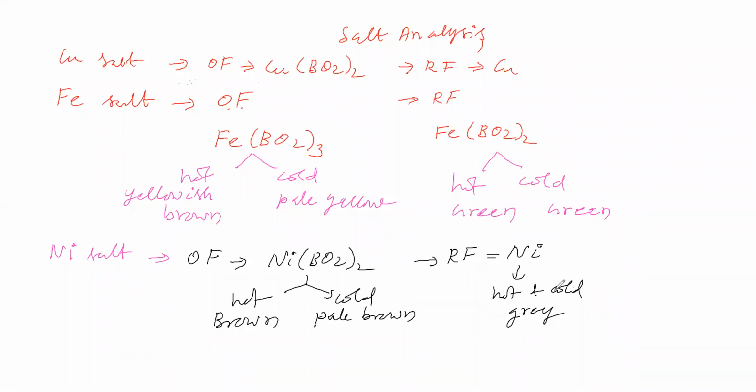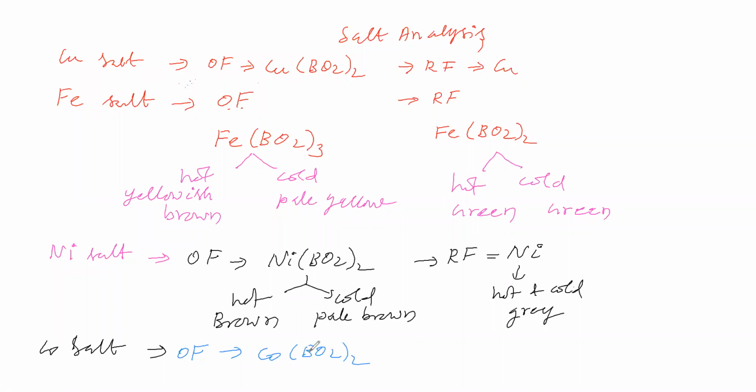Next we will take cobalt salt. In oxidizing flame, it will give cobalt(II) metaborate. Cobalt +2 is stable in simple salts.